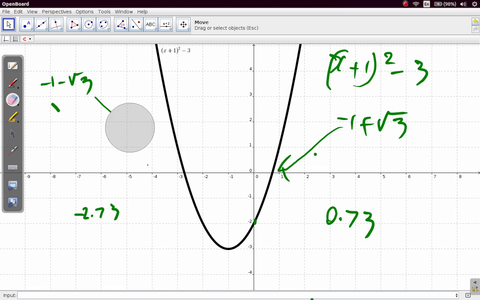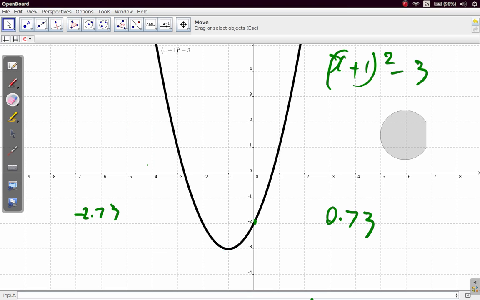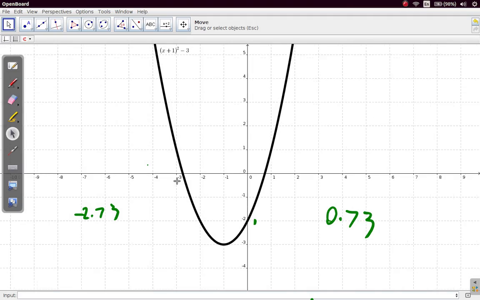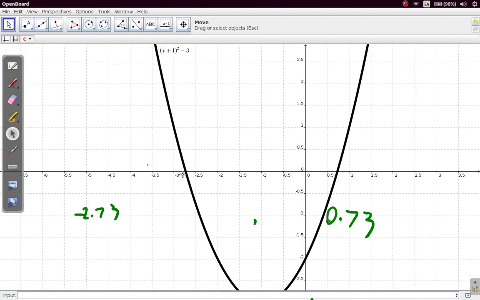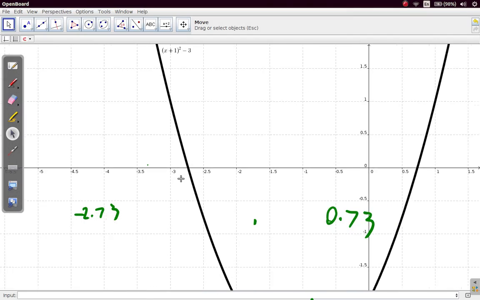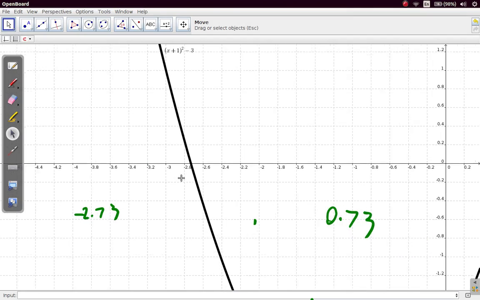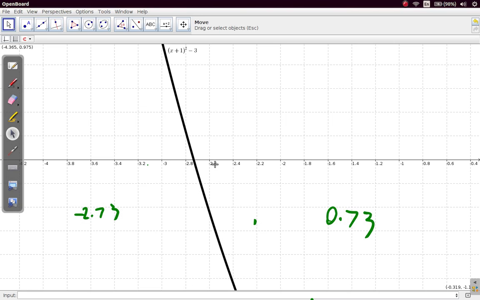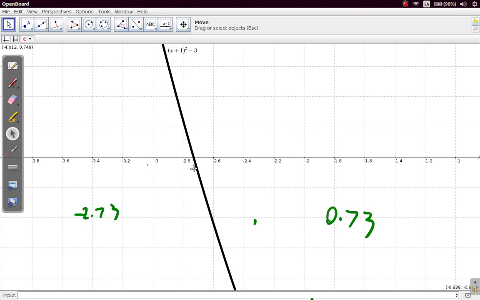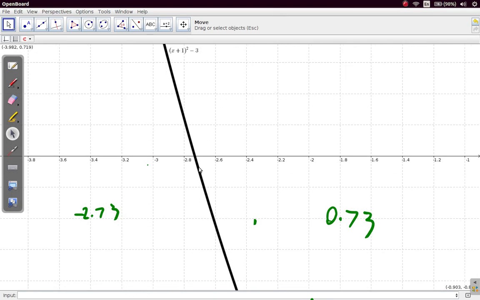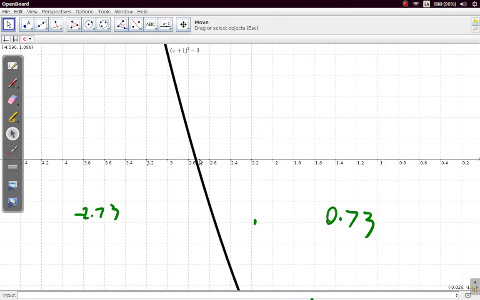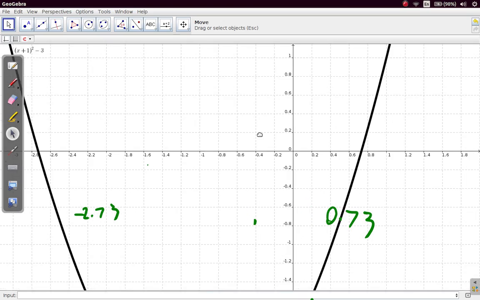Let's zoom in a bit to see whether these would actually seem to be the roots. If these are really the roots, negative 2.73. Let's zoom in some more. Alright, you have negative 2.6 here, negative 2.7, and a little more. Okay, good. So that seemed to work well. Let's go over to the right.